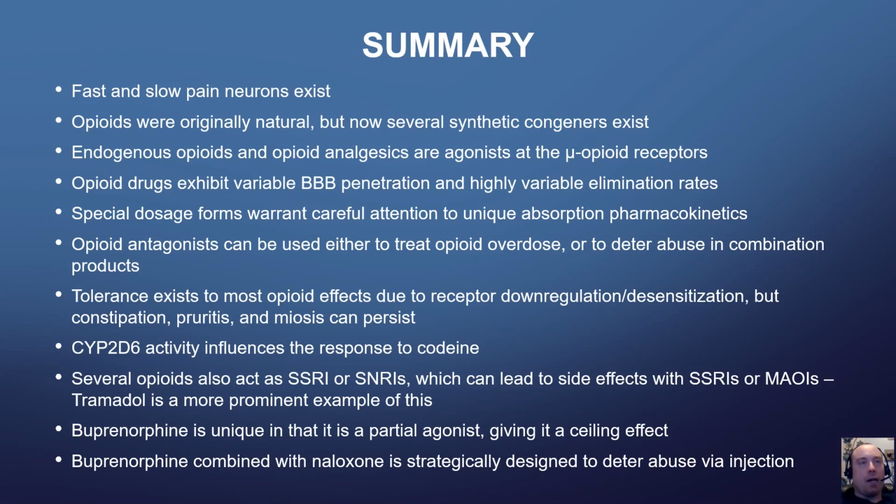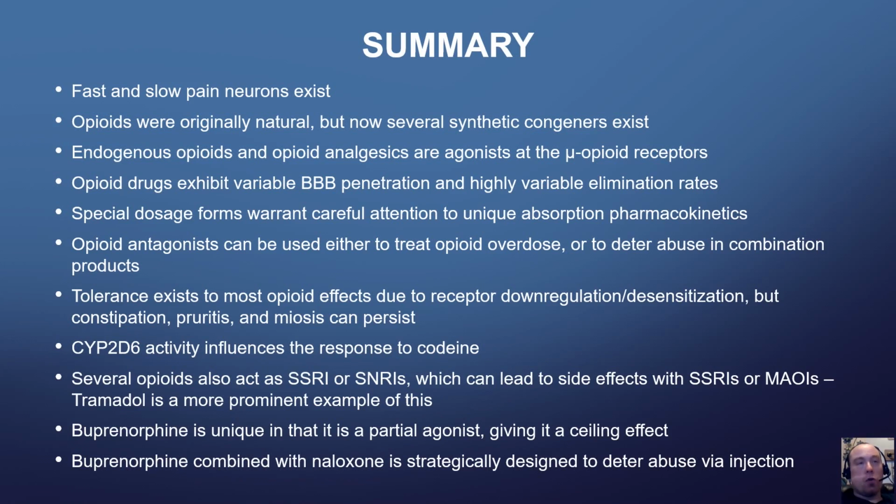First of all, fast and slow pain neurons exist. Opioids were originally natural, and we still use natural opioids, but now several semi-synthetic and synthetic congeners exist. Endogenous opioids and opioid analgesics primarily are activating the mu opioid receptors. That's the major important target. Opioids do exhibit variable blood-brain barrier penetration and highly variable elimination rates.